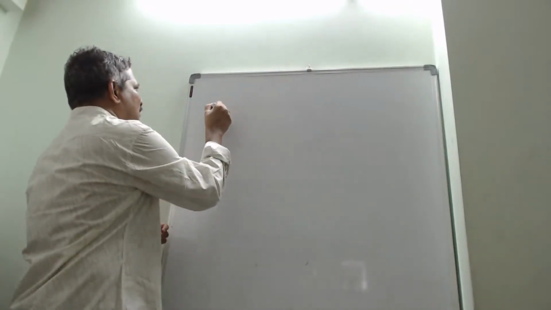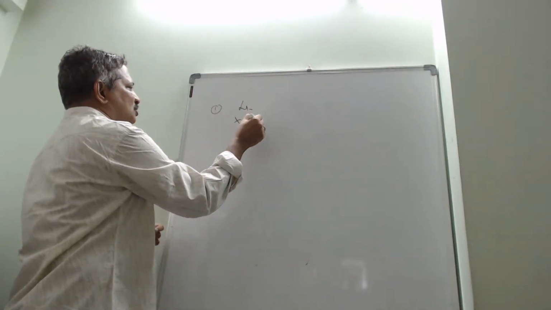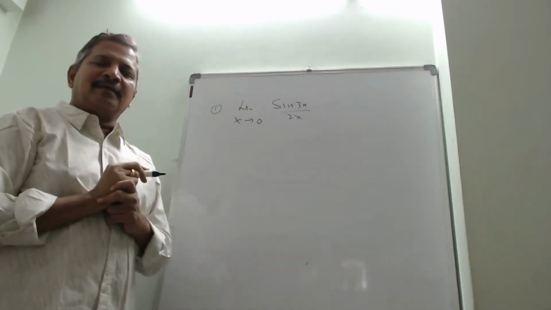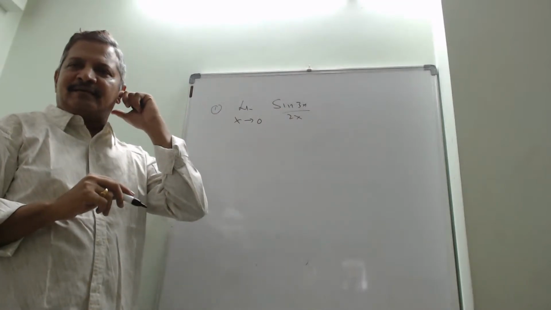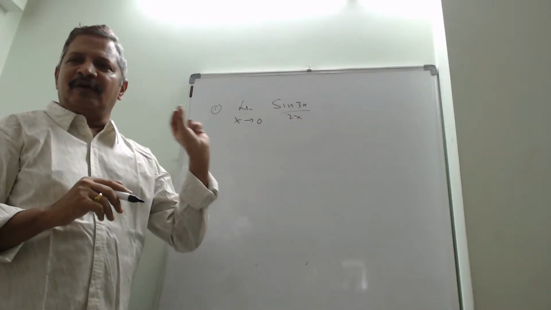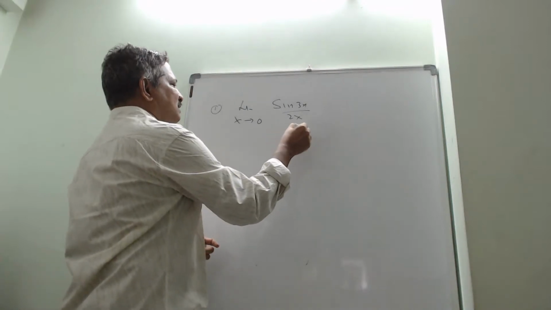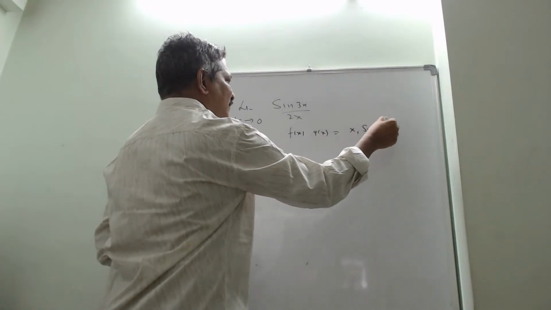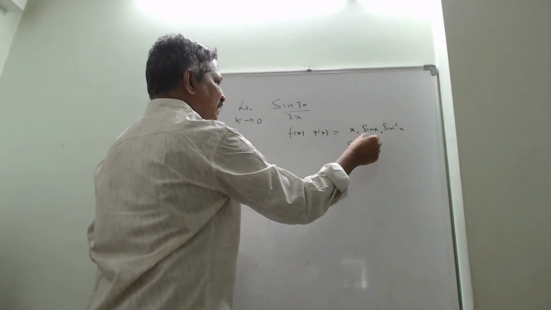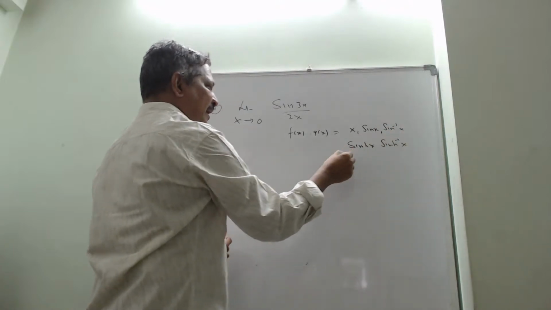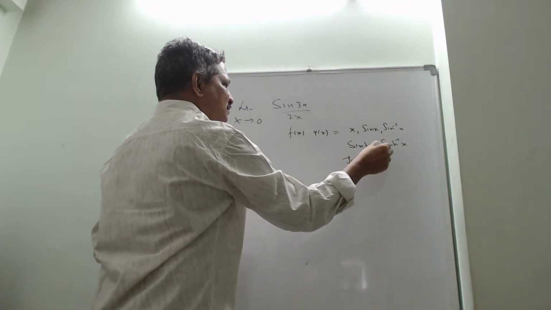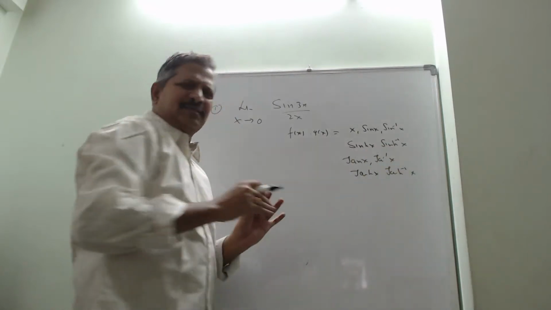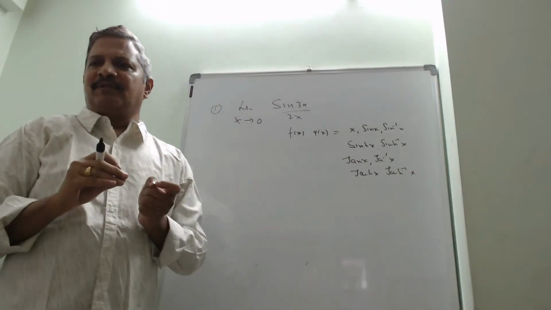Now if we take limit x tends to 0, sin 3x by 2x, I can write it directly as 3 by 2. Wherever f of x and g of x is either x, sin x, sin inverse x, sin hx, sin h inverse x, tan x, tan inverse x, tan hx, or tan h inverse x, all this together, instead of writing different formulas, is a simple thing.